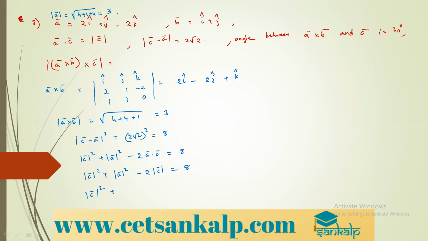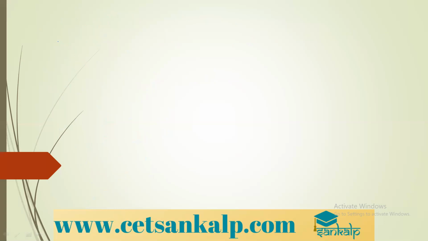So magnitude of A square will be 9, minus 2 into magnitude of C is equal to 8. Or I can write magnitude of C square minus 2 into magnitude of C plus 1 is equal to 0. That means magnitude of C minus 1 whole square equal to 0, or magnitude of C is equal to 1.